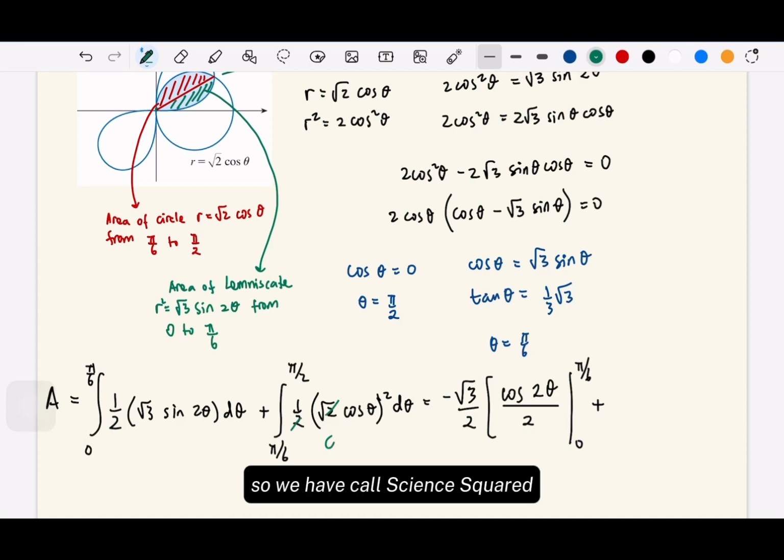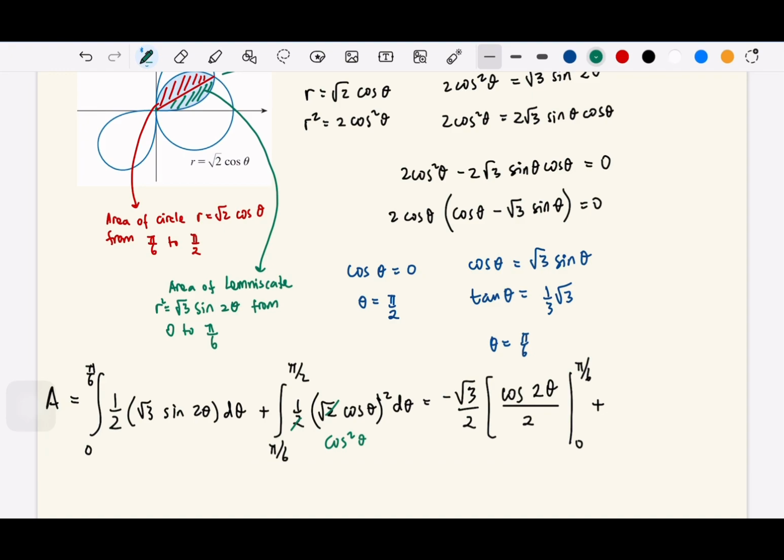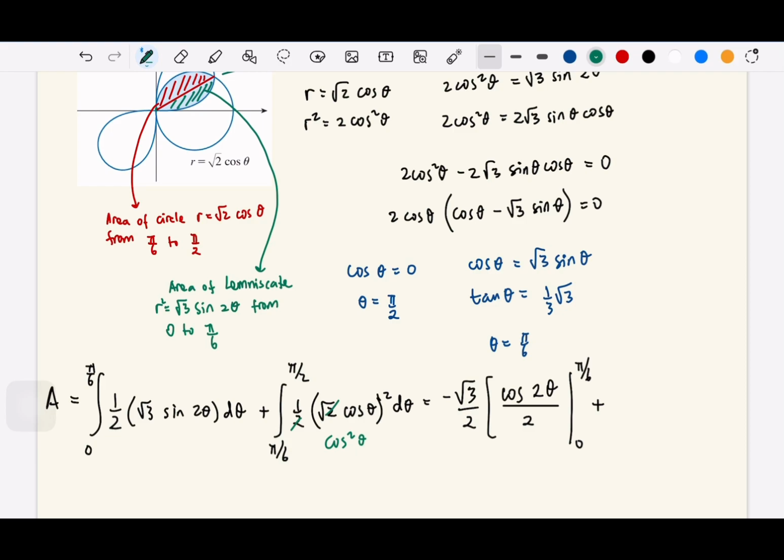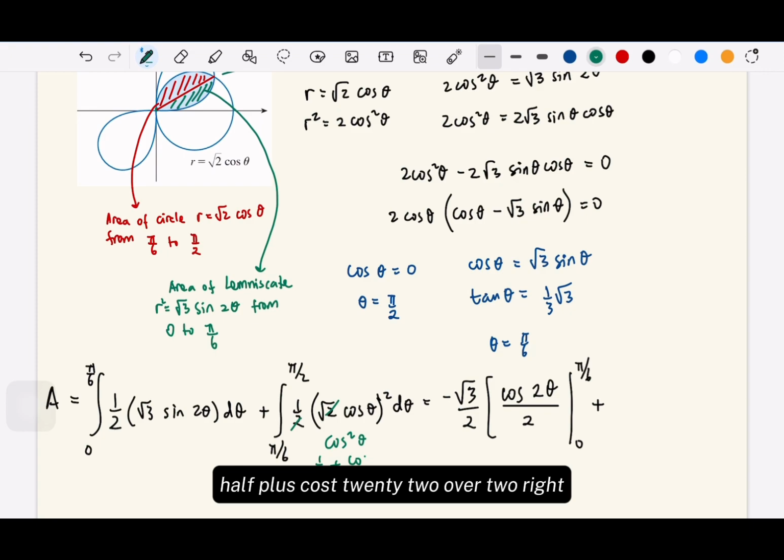So we have cosine squared, which we can exchange to double angle. Half plus cos 2 theta over 2, right?